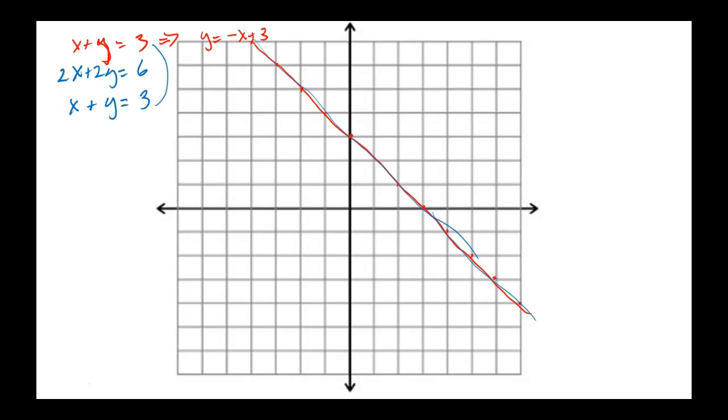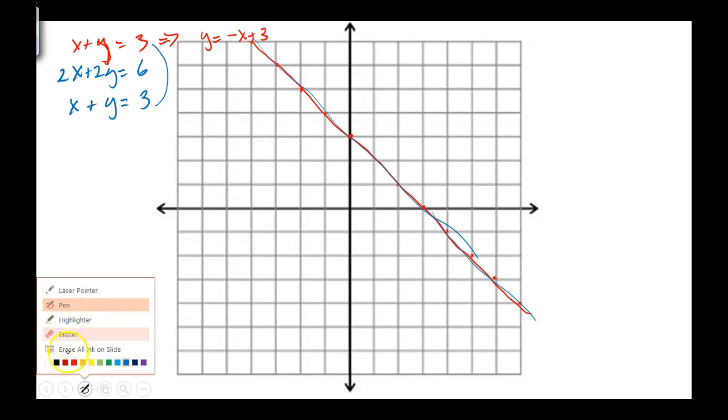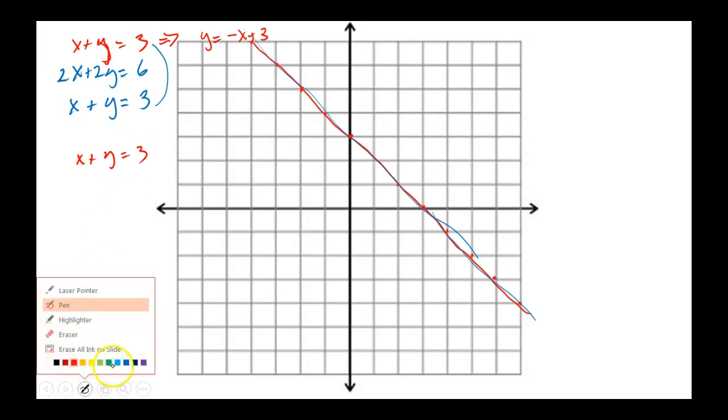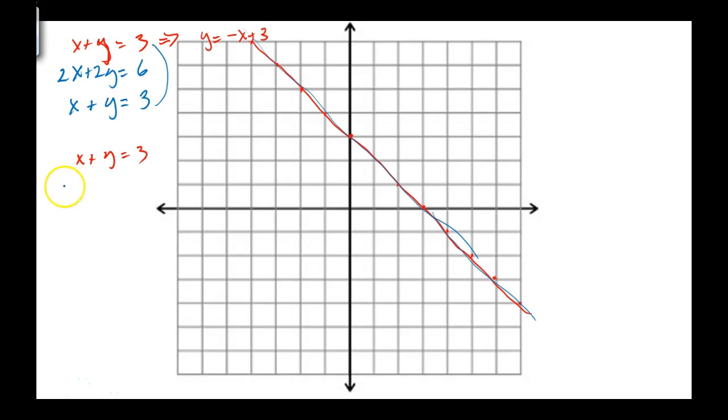Here's another way you could have done it. And they sort of wanted you to do this, I think, but it really doesn't matter. If these are your two equations, let me go back and write the red one in red. x plus y equals 3, and the second one being blue, 2x plus 2y is equal to 6.